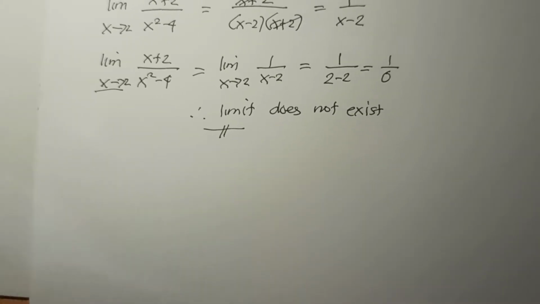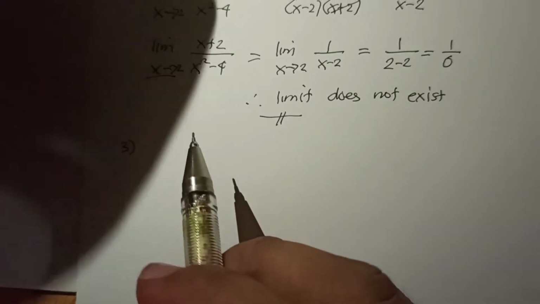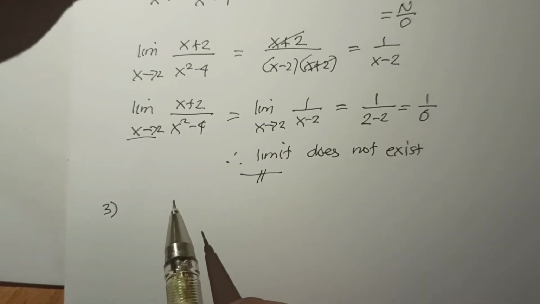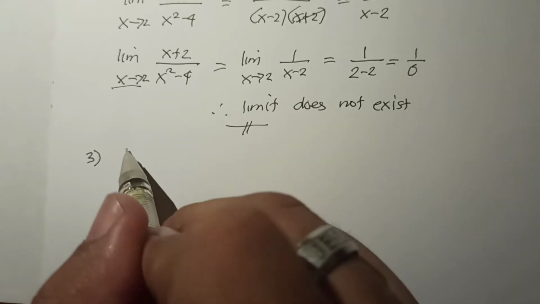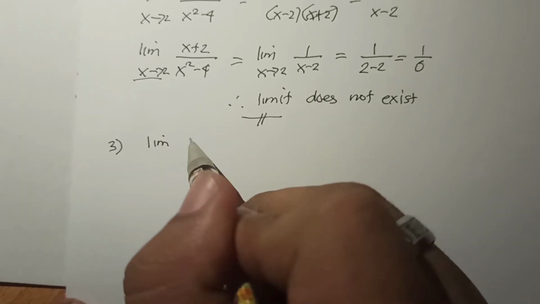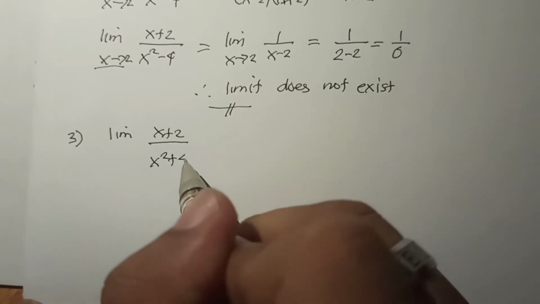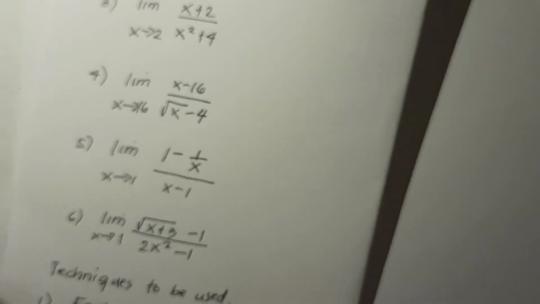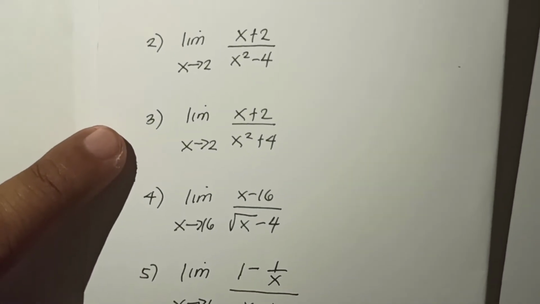Next, number 3. We have here 3 variations of the problem. The limit of x plus 2 over x squared plus 4 as x approaches 2. This is problem number 3.